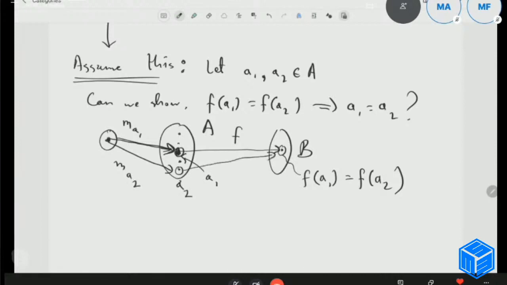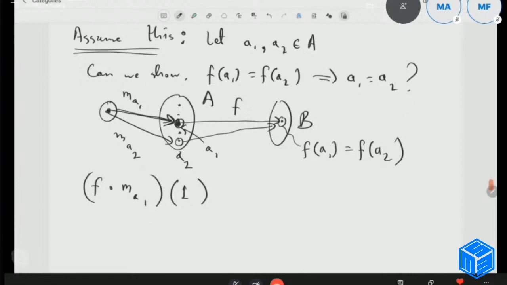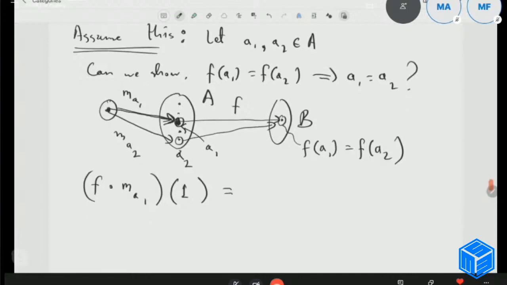So we have f composed with mA1 of this single point. Let's just call it 0. Make it concrete. Okay, or 1. Why not 1? Okay, and then that equals f of mA1 of 1, which is f of A1.